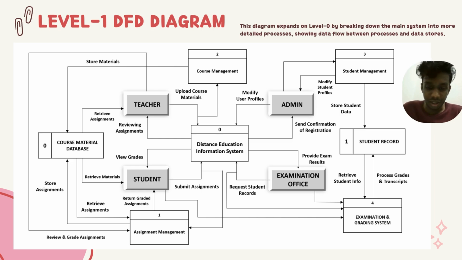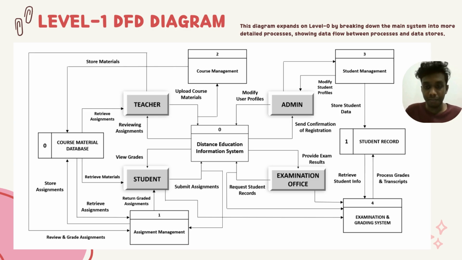So there is another process from student directly to examination and grading system. So these are the processes, where it might be a complicated thing to explain, but by points I would like to explain more about it in the next slides that I'm going to show.